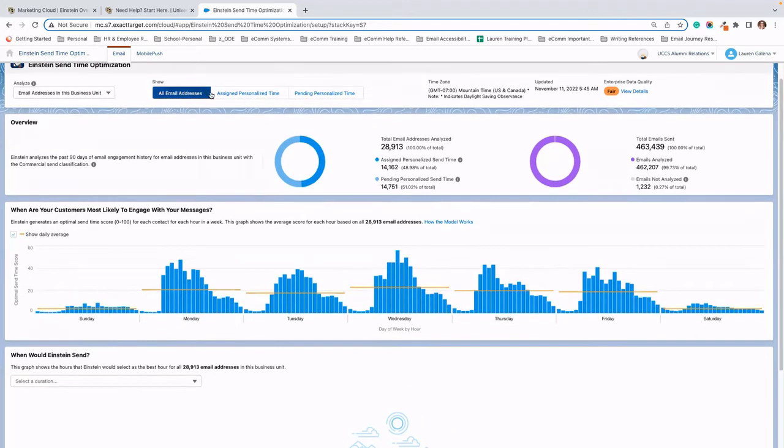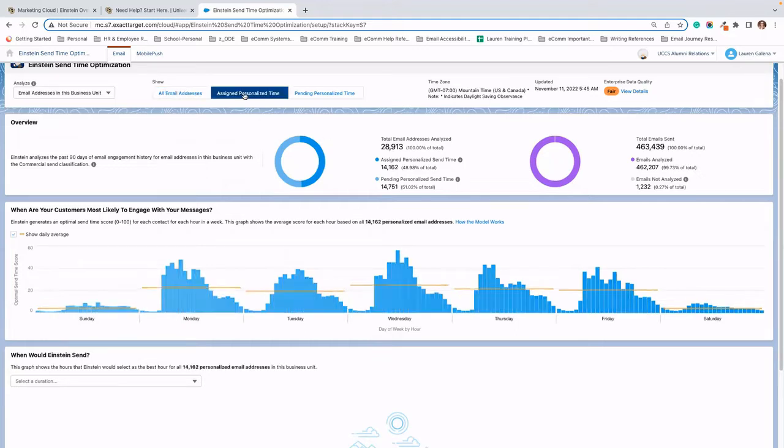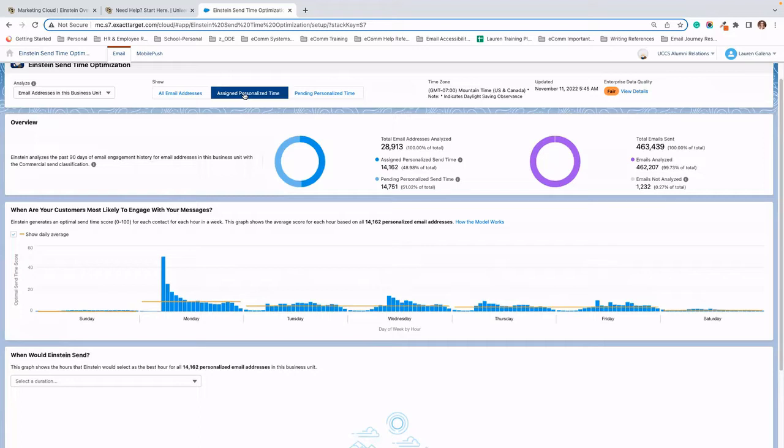Up here, you can filter if you want to see send time optimization for all of the email addresses, which would be the 29,000, or for the people where there was enough data for AI to determine optimal send time, and then the pending ones.